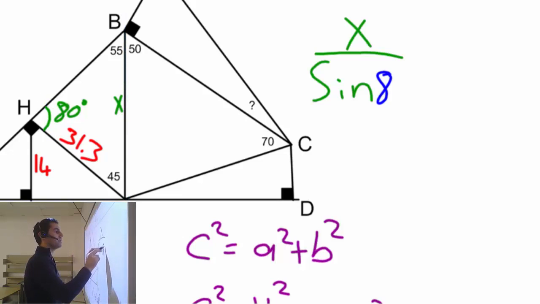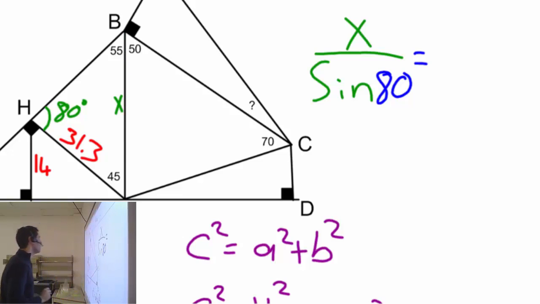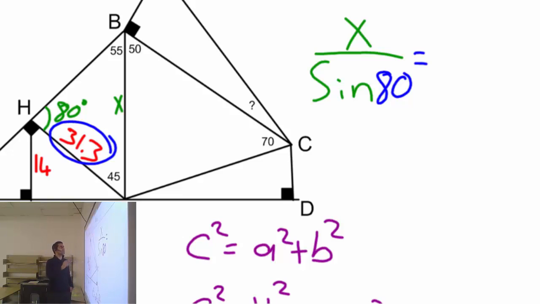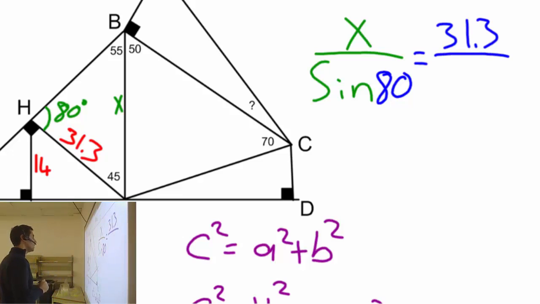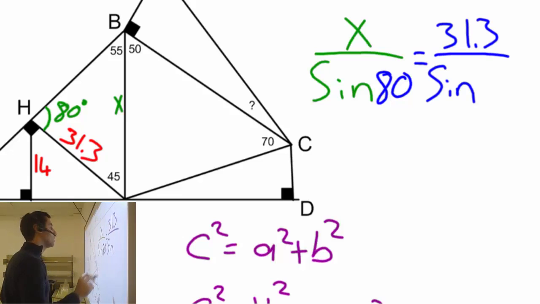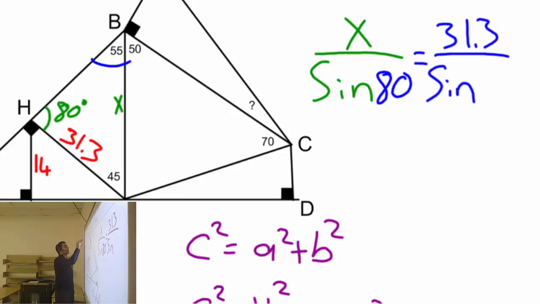Sinus 80 equals, so now I just need to write down the side I know, which is this 31.3 divided by sinus, and that side is not being touched by angle 55.